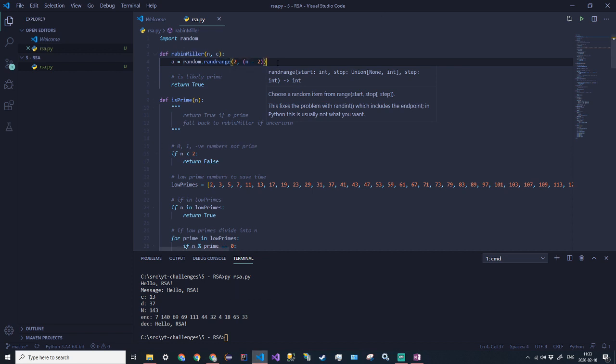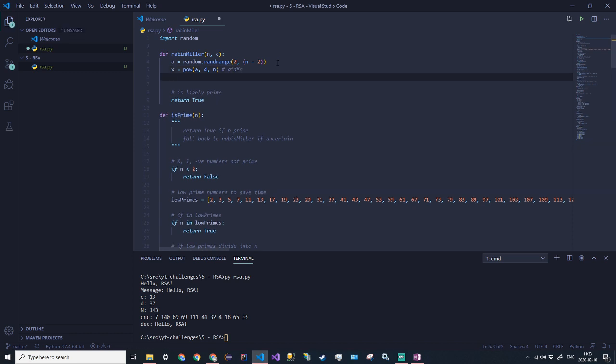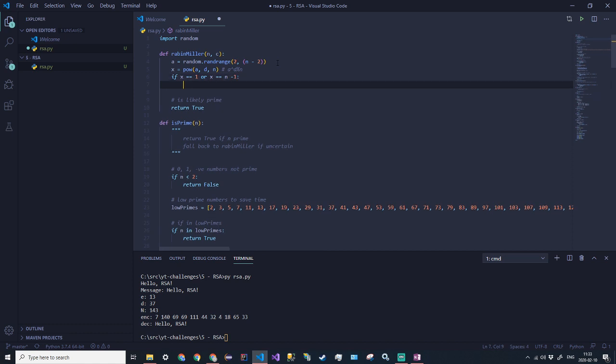So we want to have a number a, and we say x is equal to pow(a, d, n), the modular exponentiation. So this is equal to a to the d modulo n. Next we want to see if x is equal to 1 or x is equal to n minus 1, and we're going to return true.